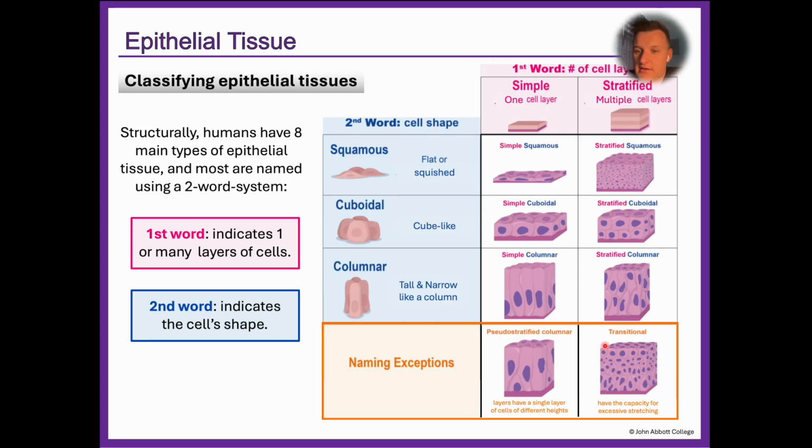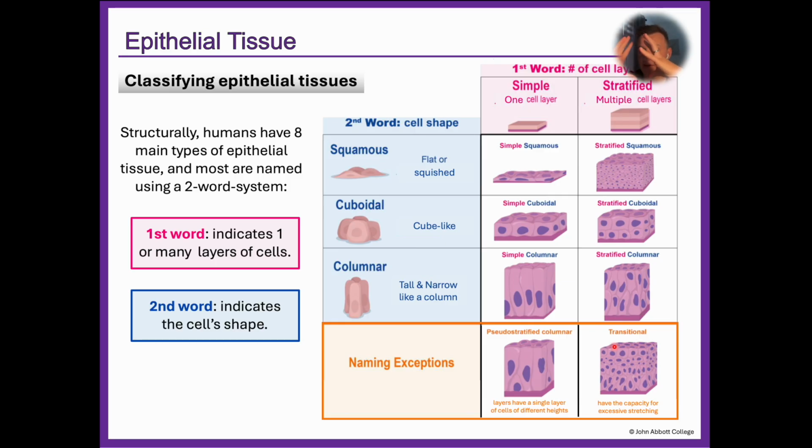Transitional epithelium has the capacity for excessive stretching. So these are interesting. You actually see these cuboidal cells on top, right? And these wonky cells on the bottom. This is a stratified layer, and we're going to see this in the bladder. When the bladder is relaxed, the cells look nice and cuboidal, right?